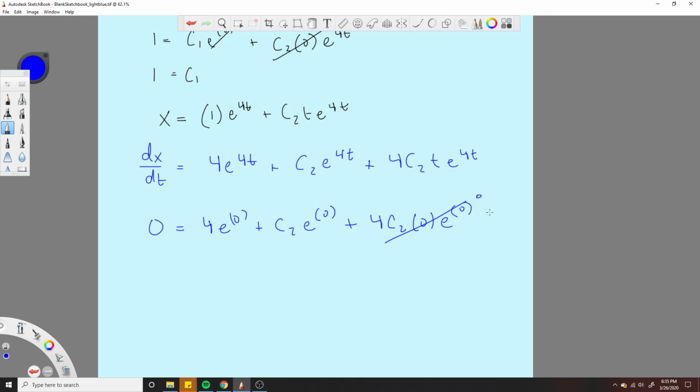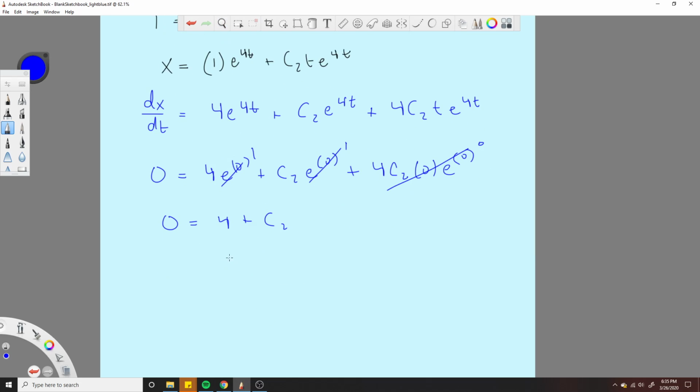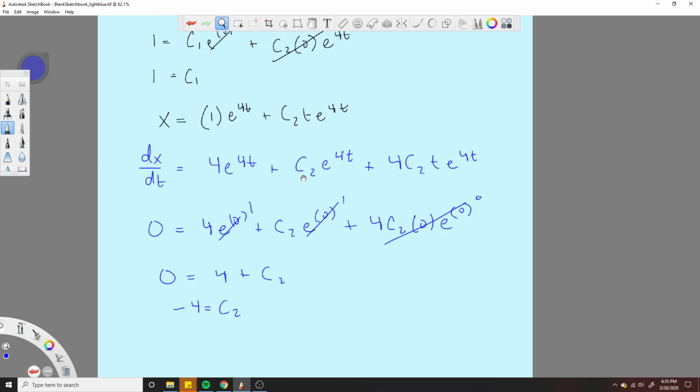So this whole thing will cancel by this 0 here. This e will turn into a 1, and this e will turn into a 1. So now we have 0 equals 4 plus c2. So now we see that c2 is equal to negative 4. Okay, good, we're making progress.